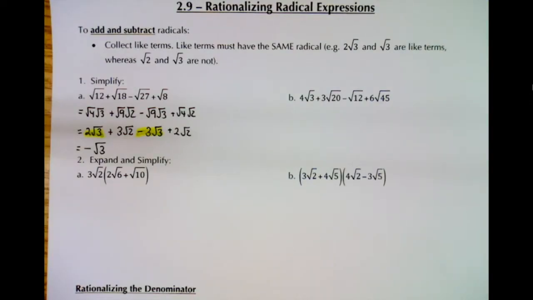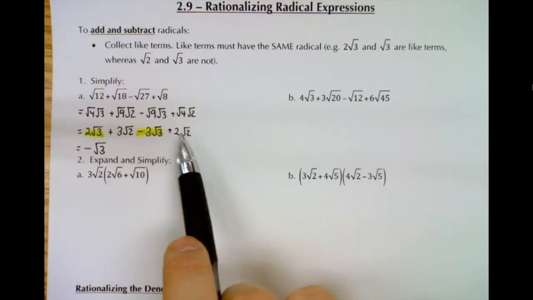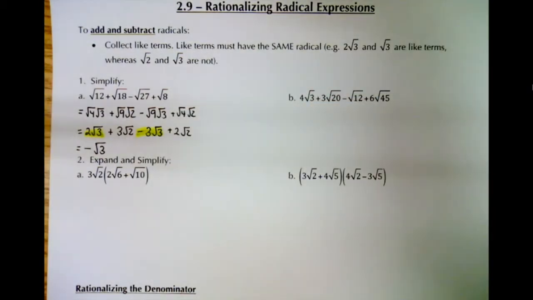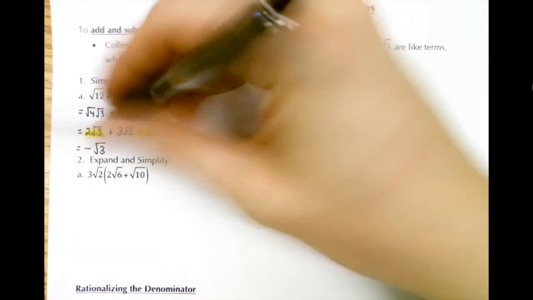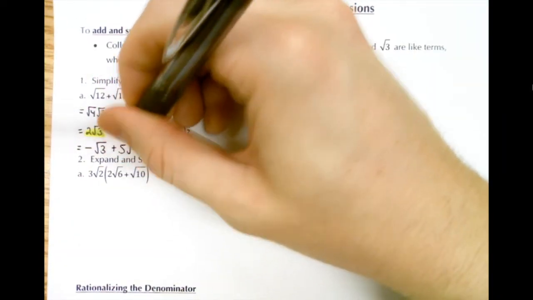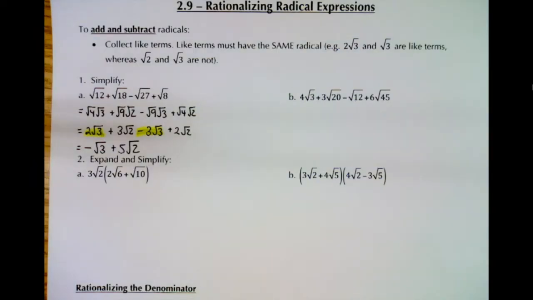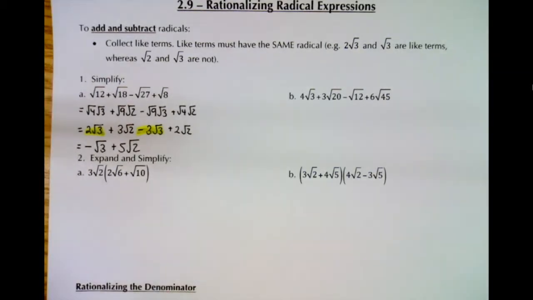And if I look at my other pair, I've got 3 root 2 and 2 root 2, and we're adding because the sign in the middle is adding. So we got 3 plus 2, which is 5 root 2. And there we have a fully simplified radical expression. These aren't like terms because they have different radicals, so we can't put them together.